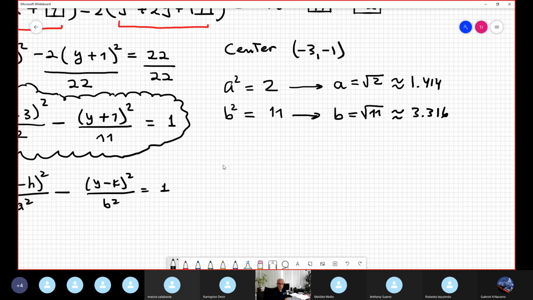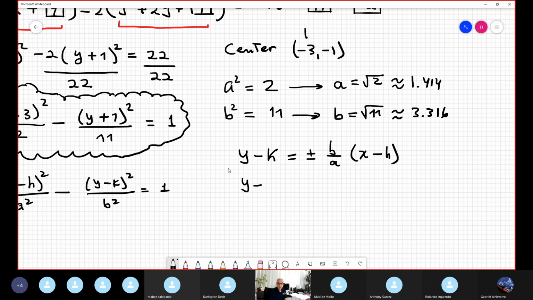But finally, let me try to find the equation of the asymptotes. The equation of the asymptotes, remember, is y minus k equals plus or minus b over a times (x minus h), because it's horizontal. k is negative 1, so y minus k is y plus 1.